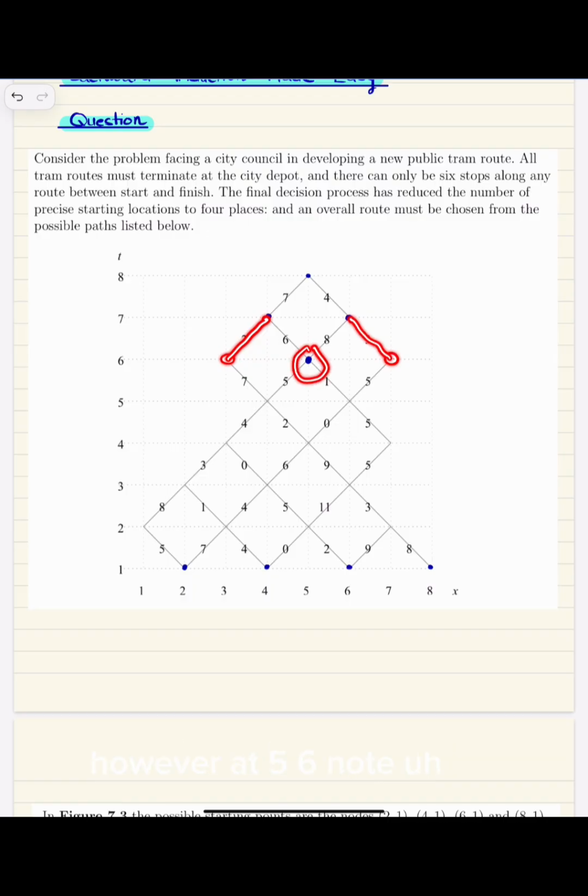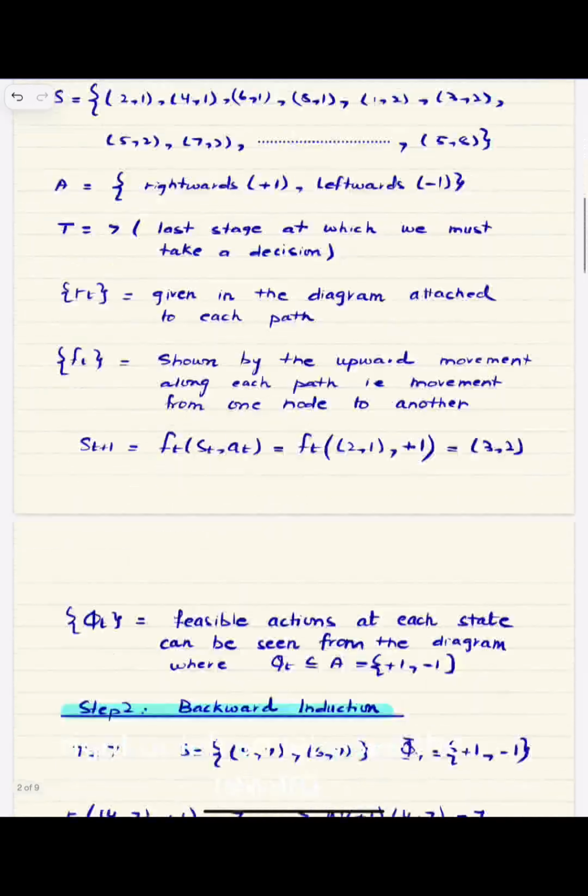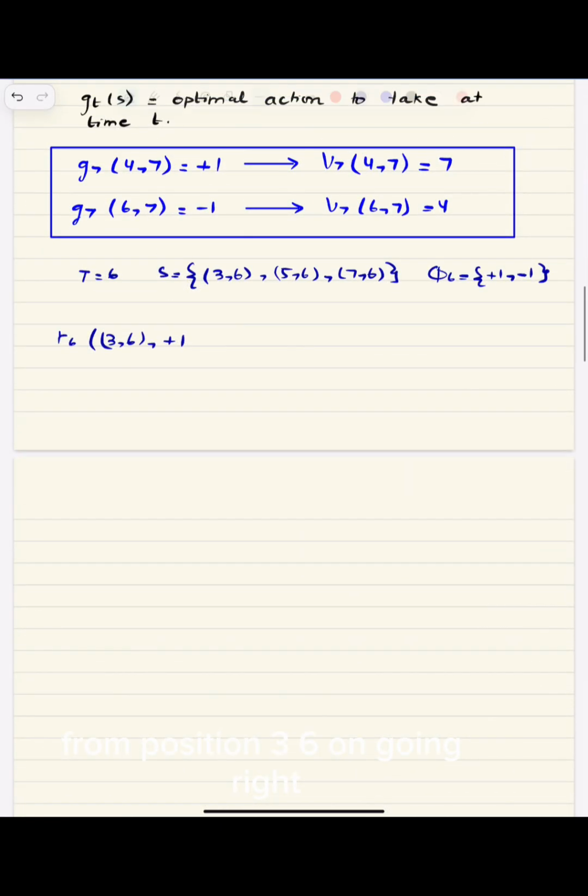However, at the 5 6 node, when you're in the state 5 6, you have two options. You can either go right or left. So let's see, the reward from position 3 6 on going right is given by 2.